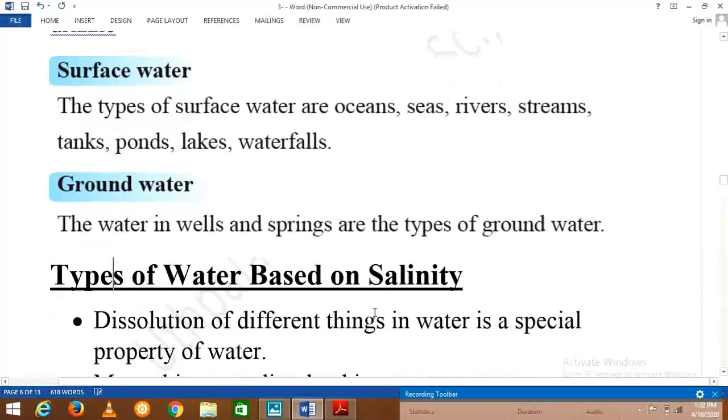Then the third one is groundwater. Groundwater is available in wells as well as springs. So this groundwater is found underground in cracks and spaces in soil and sand as well as rocks.